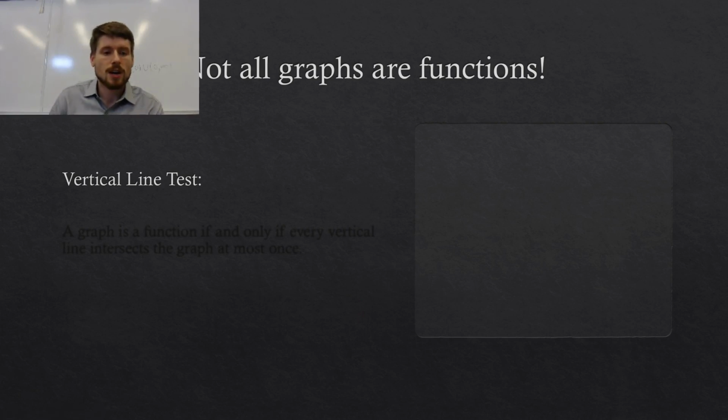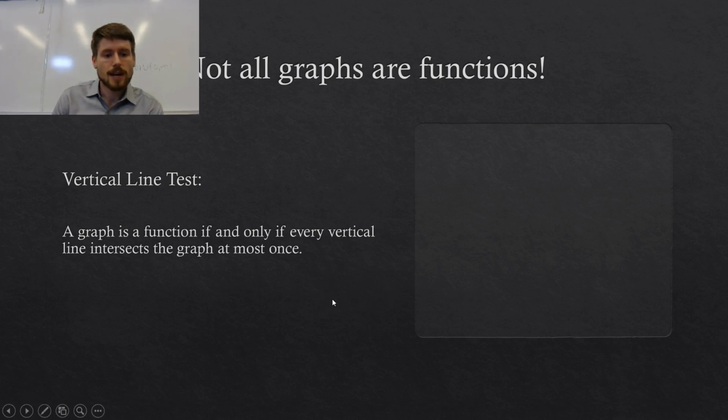Later on, we're going to talk about the horizontal line test, which is different from the vertical line test, but tells you some other information about a function. The vertical line test tells you if a graph is a function. A graph is a function if every vertical line intersects the graph at most once.